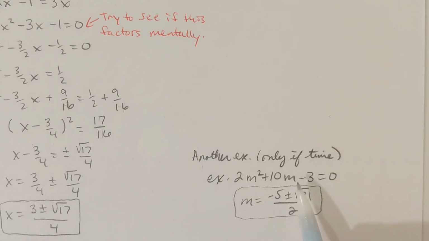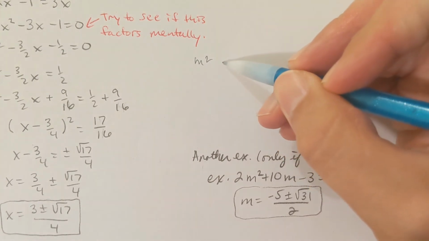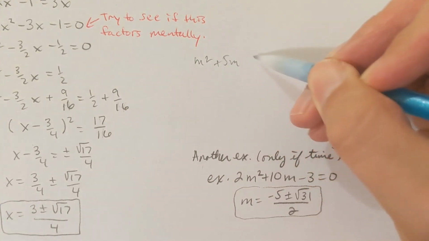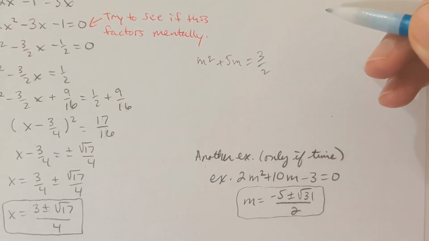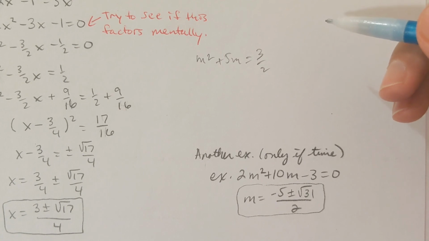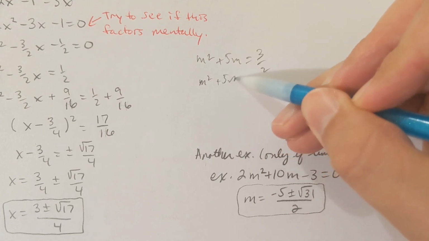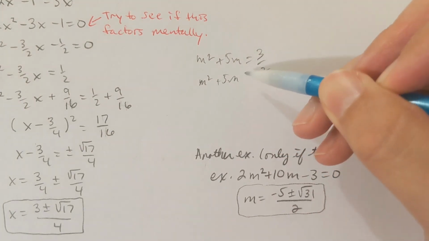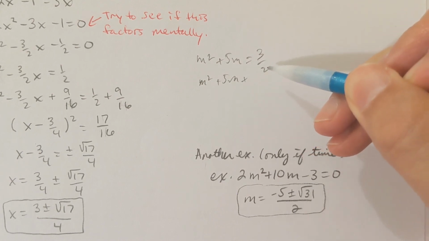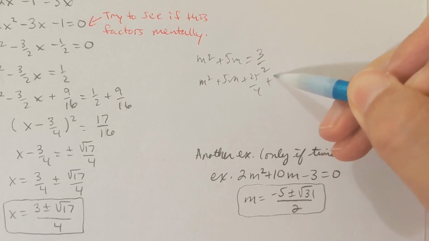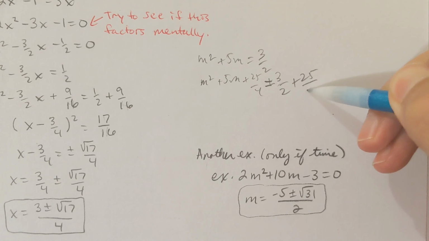2m squared plus 10m minus 3 equals 0. Well, so m squared plus 5m equals 3/2. Okay, so m squared plus 5m plus, let's see, 5/2 squared gives me 25/4, equals 3/2 plus 25/4.